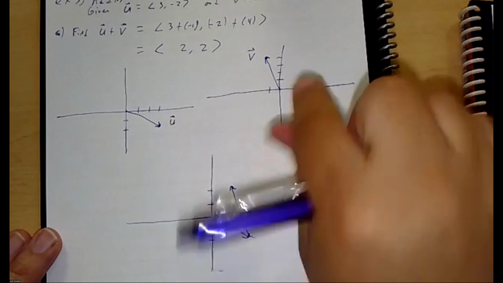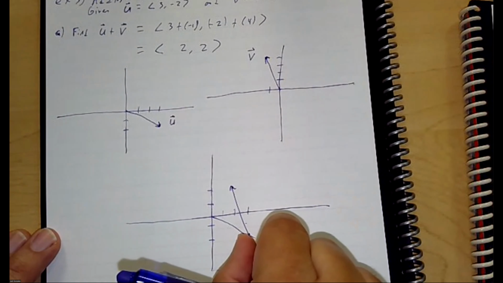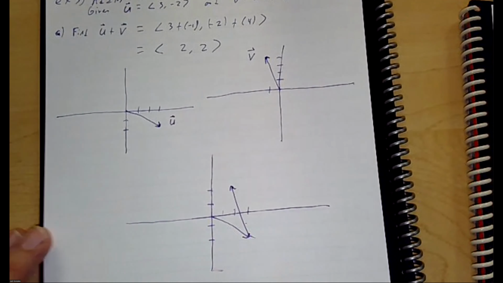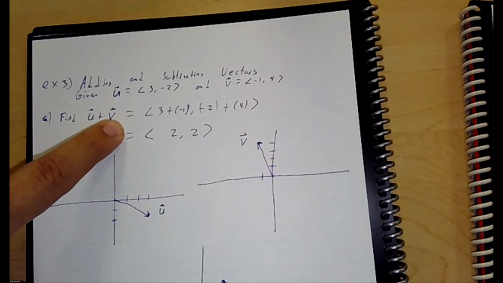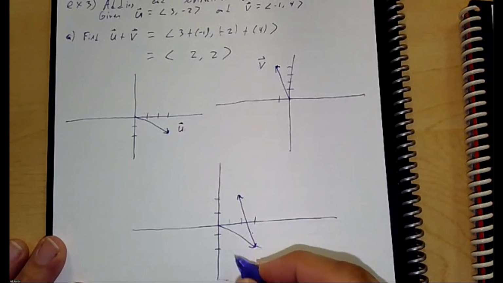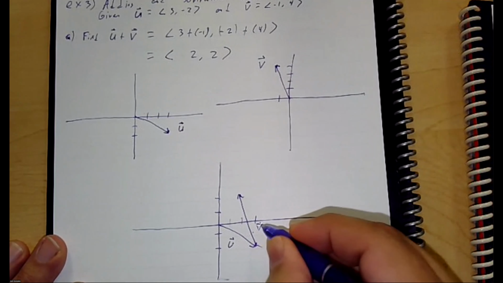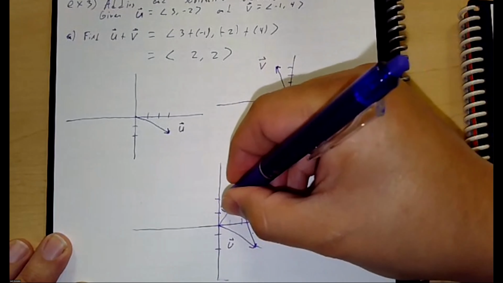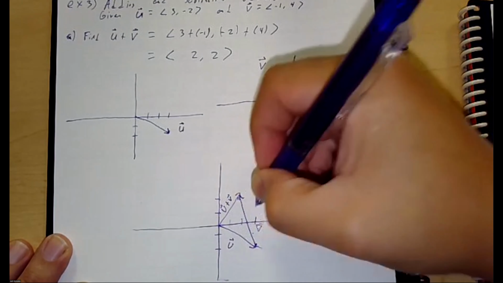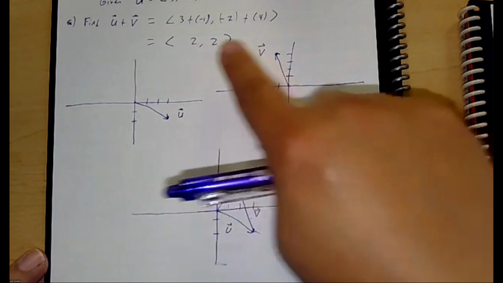So basically, picture that I'm grabbing the V and putting it on the tip of the U. That's what we're doing, okay? So the tip of the first one connects to the tail of the second one. That's what we did right here. This is U, this is V. So then you connect this part, and that is the result, U plus V. Does that make sense? At 2, 2. See that? That's what we found.